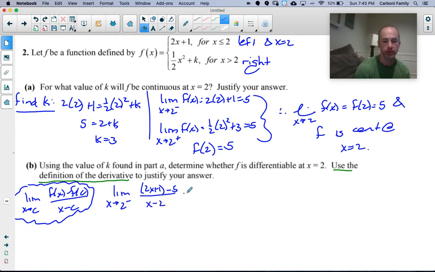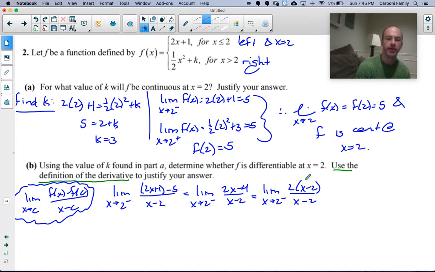Well, that's going to turn into the limit as x approaches 2 from the left of 2x minus 4 over x minus 2. You could use L'Hôpital's rule, but that is actually going to be more work than just factoring. So I'm going to factor the 2 out of the top. We have x minus 2 on top, x minus 2 on bottom. The x minus 2's cancel. We are only left with a 2. So now I know that the left side of x equals 2 has a slope of 2.